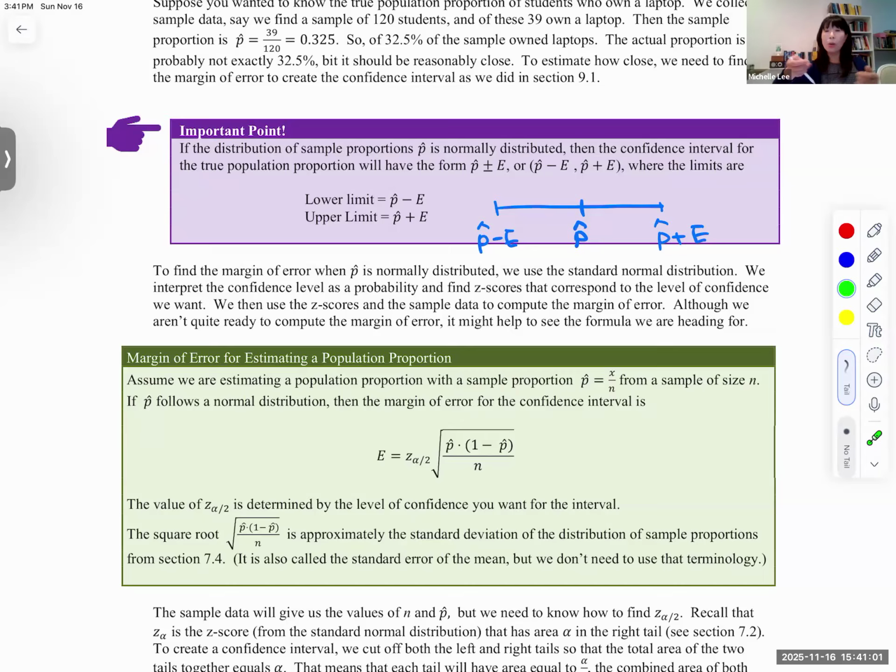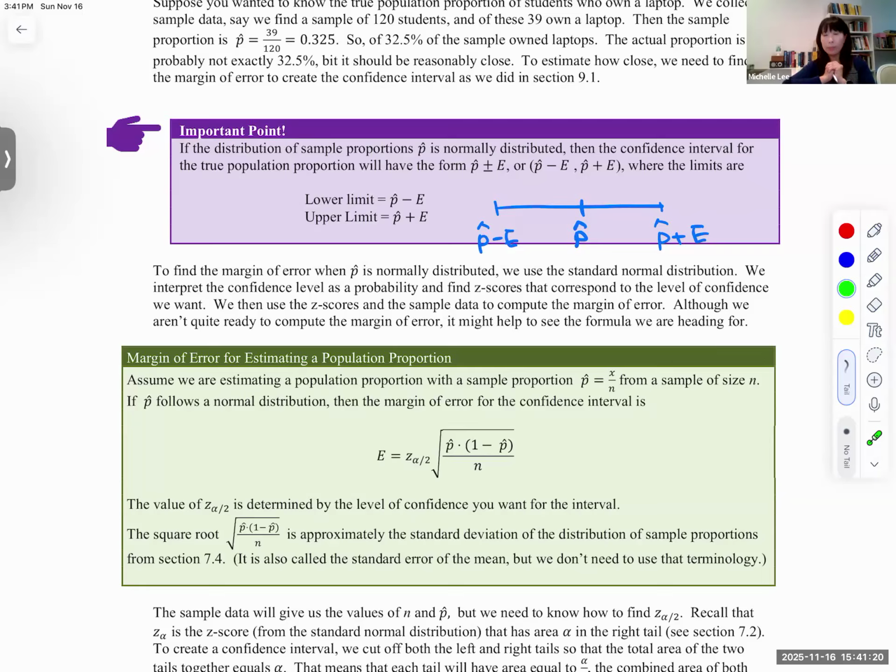It depends on the margin of error. If the margin of error is bigger, we get a wider interval. If we have a small margin of error, a narrower interval.